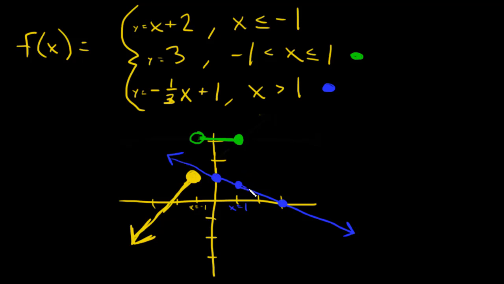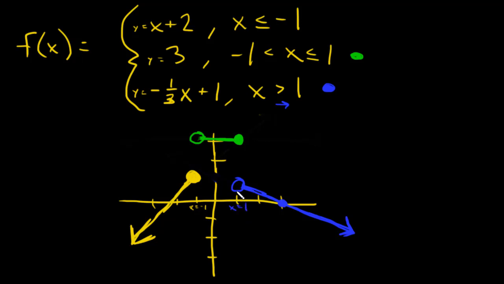It includes all of these values that are this direction from 1, right? So all these ones to the right are included, and nothing to the left, so I get to erase all of this. Okay, and since I am not including 1, I have an open circle right there.